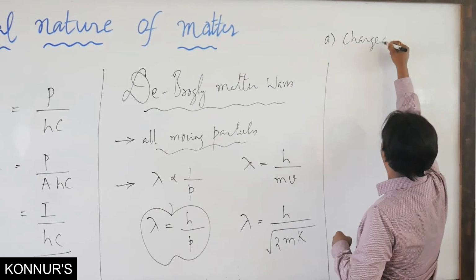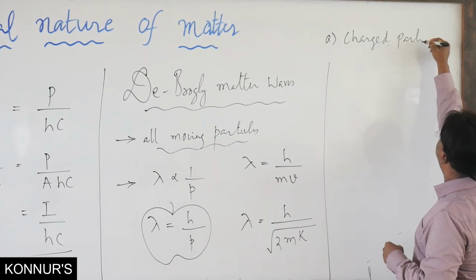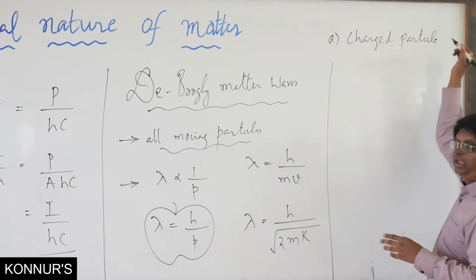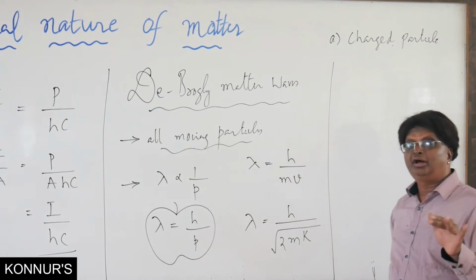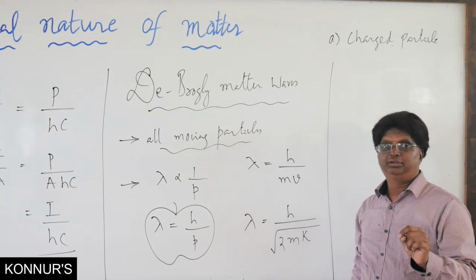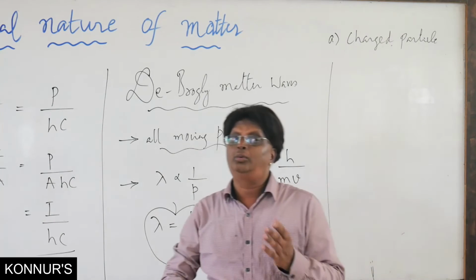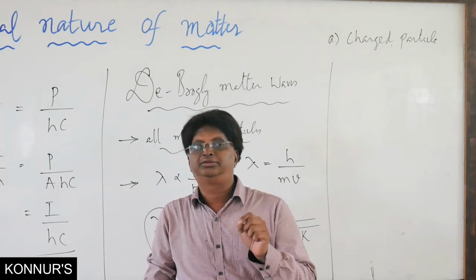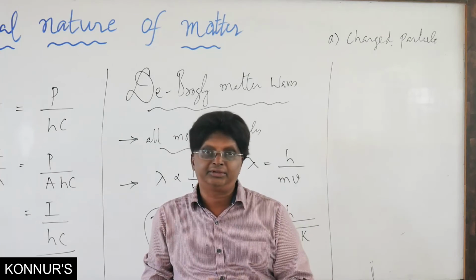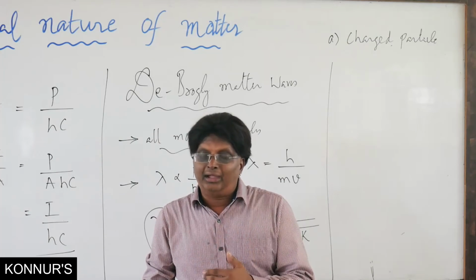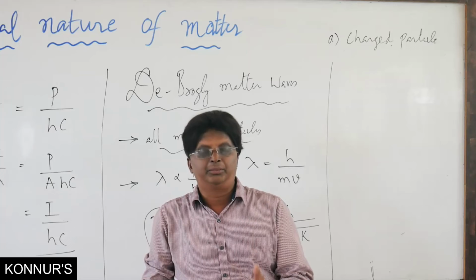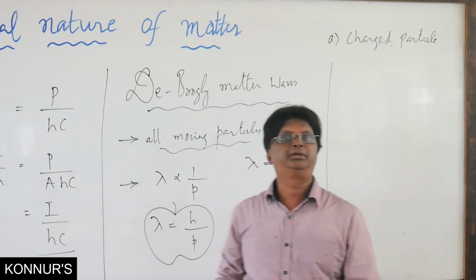Now I am taking the case of a charged particle. Suppose I am talking about the de Broglie wavelength of a charged particle with energy. Let us take up a special case of that. How does a charged particle acquire kinetic energy? Again, the principle of electrostatics. When a charged particle is accelerated through an electric field, a potential difference, it acquires kinetic energy.